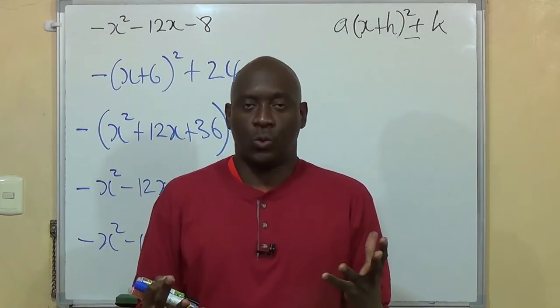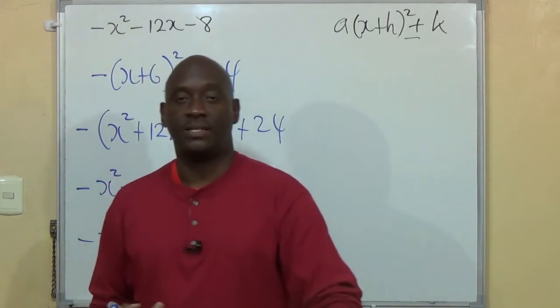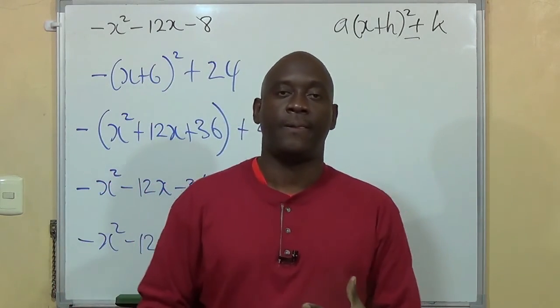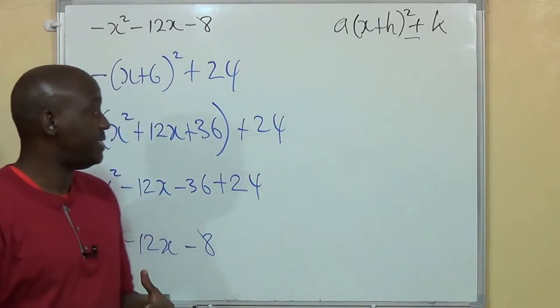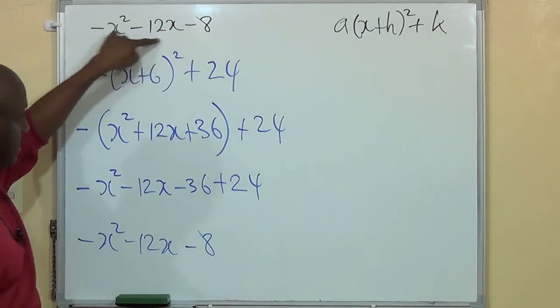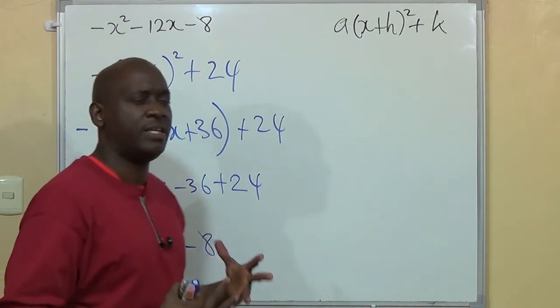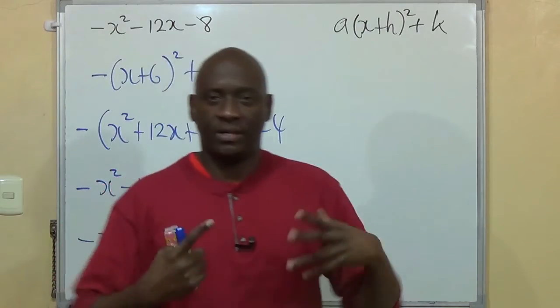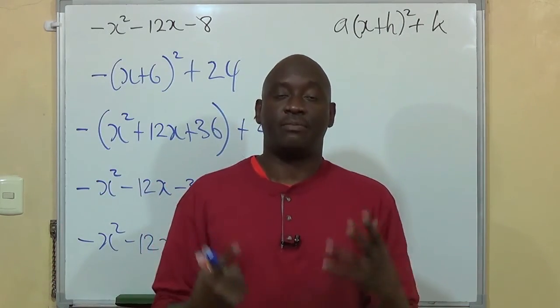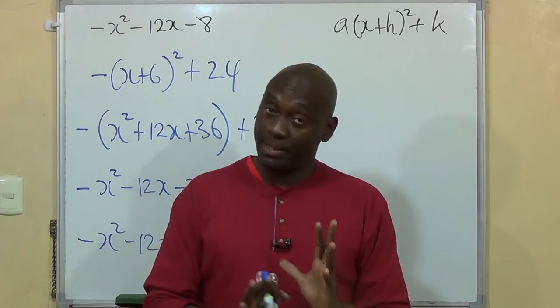Alright, so we're going to continue now with our next question, where we're going to go through the same procedure. Of course, in the next video we're going to be dealing with odd coefficients of x, and you could expect that with odd coefficients of x, the arithmetic, as you would have seen in the previous videos, will become a little more complicated.